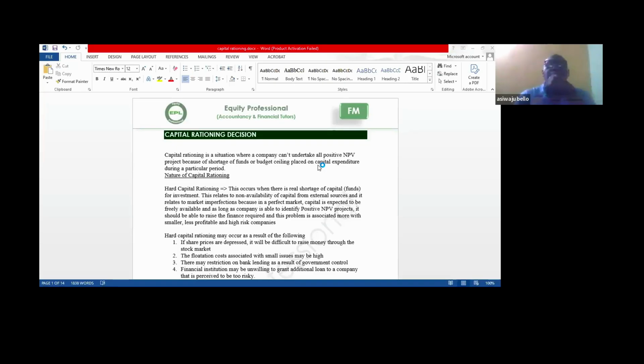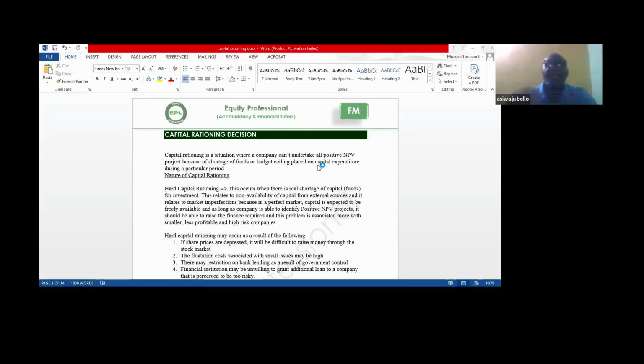Where there is capital rationing, it means that you are going to be rejecting viable projects, projects that will have a positive value. This project will be rejected because there is no capital to execute it.